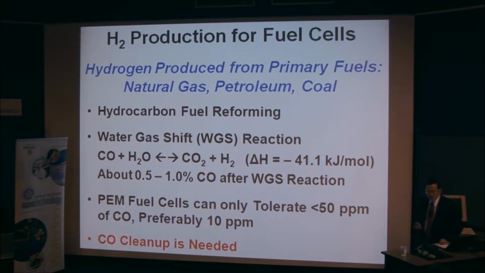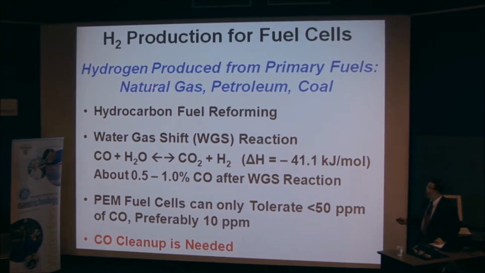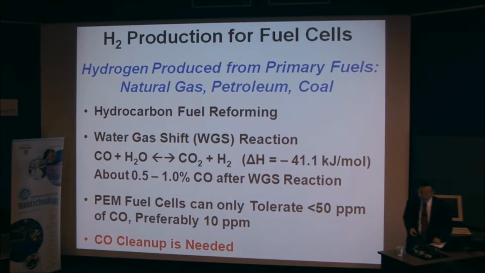The water gas reaction is also always involved when you deal with carbonaceous material. As you see, right now we're getting hydrogen from natural gas and some from petroleum. And in the near future it will be the coal and biomass. Biomass got disappeared here, it's also the future hydrogen source.